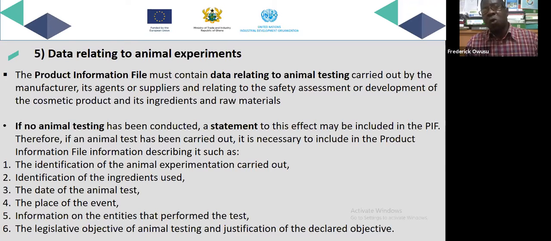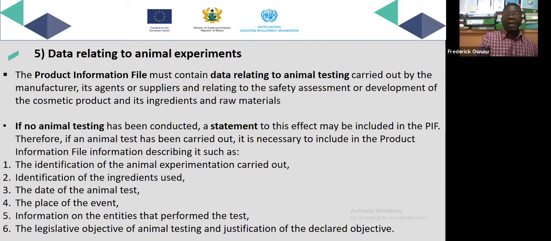And yet you know that in some countries, using animals to test the efficacy or the performance or the safety of certain products is banned. So you should be aware whether it is allowed or not before you undertake this experiment.